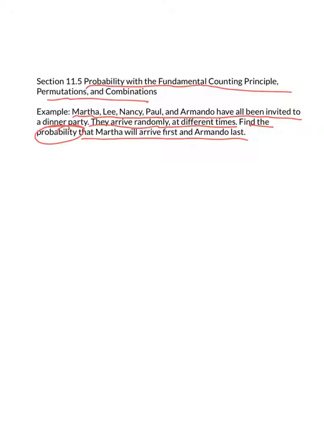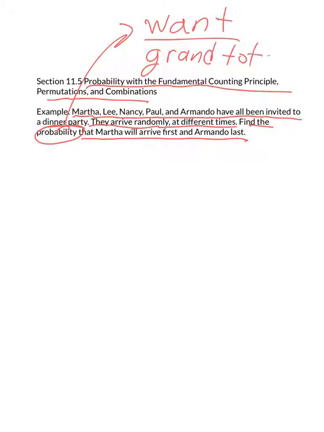So let's go ahead and just jot down a game plan here. With most types of probability that we've encountered up until this point, what we want, in other words, what the question is asking us for, we divide that by the grand total. So keeping that in mind, what do we want? Well, it's asking us for Martha to arrive first and Armando last.